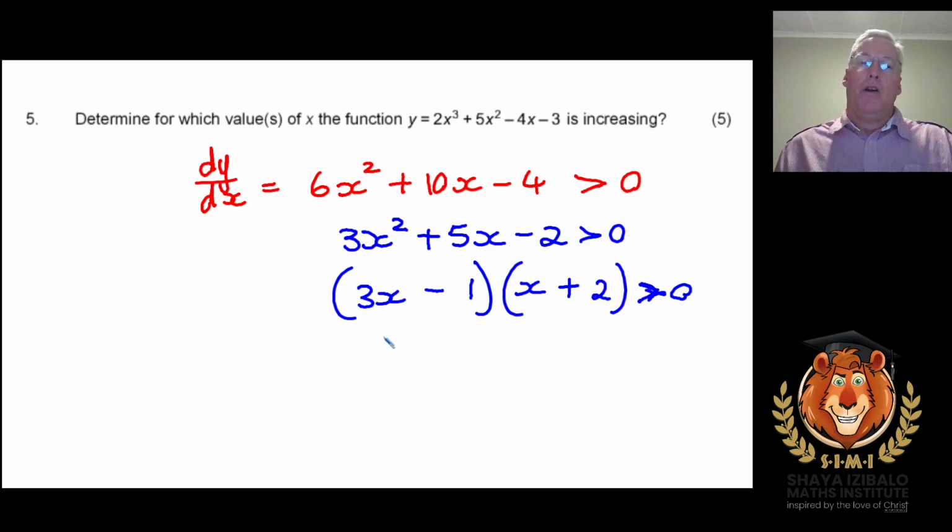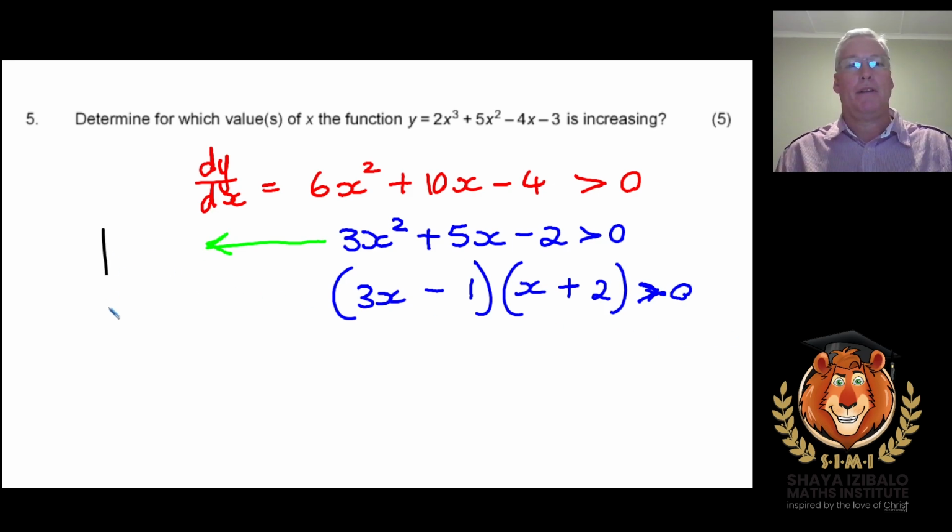Right. So what we've now got, if we had to picture this thing as a graph, basically, what I'm graphing now is the gradient. It's a parabola. It's a happy parabola, what we actually refer to as a concave up parabola. In other words, it's kind of this way up.